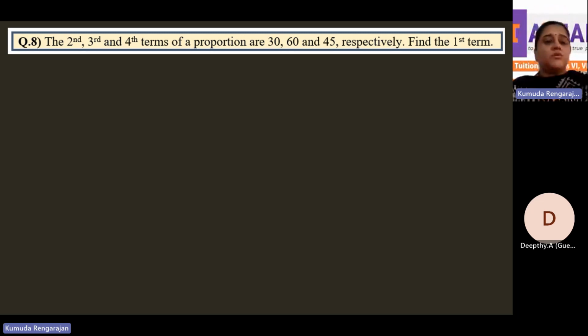So the question is, the second, third, and fourth terms of a proportion are 30, 60, and 45 respectively. Find the first term. So how do we answer this question? I'll just get you started and then you will tell me how to finish it. Okay, write down the question.